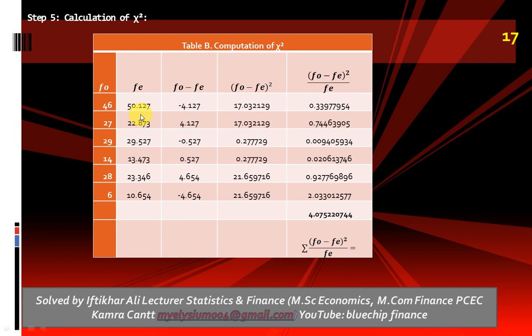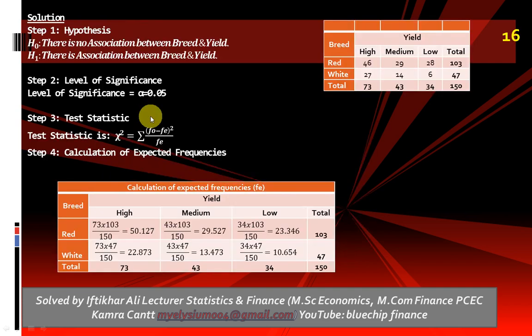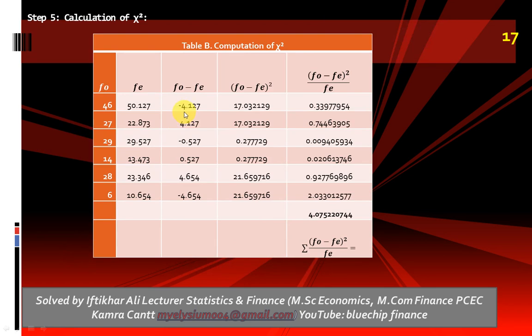So 50.127, 29.527, 23.346, 22.873, 13.473 and 10.654 will be placed here. And after that, just take the subtraction of these two. After that, take the square, and each result will be divided by each expected frequency.